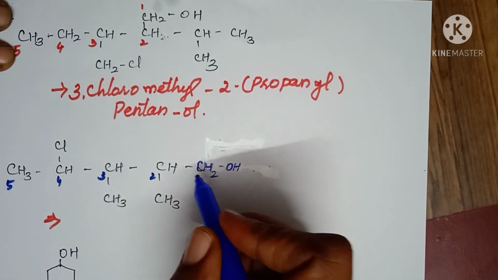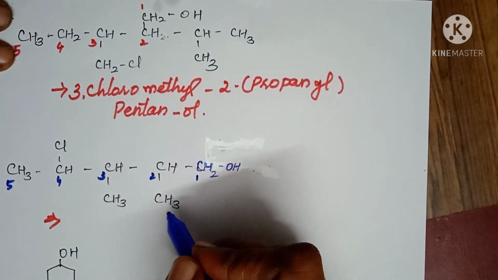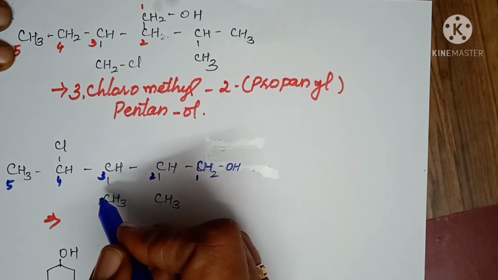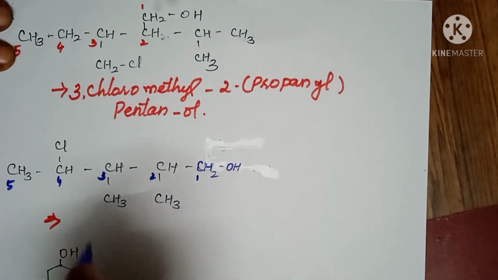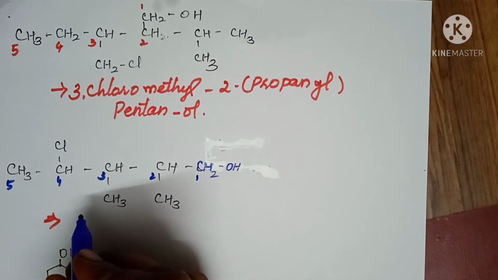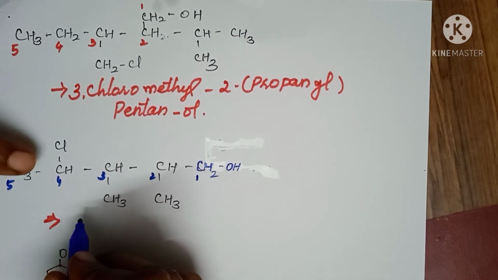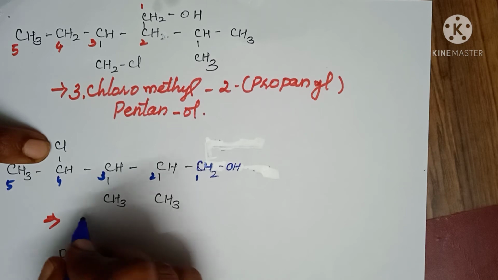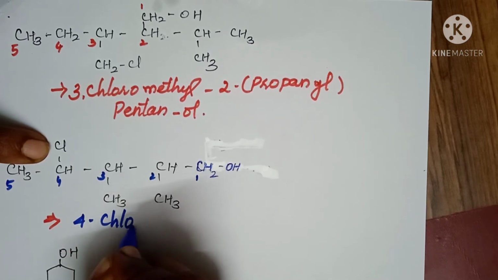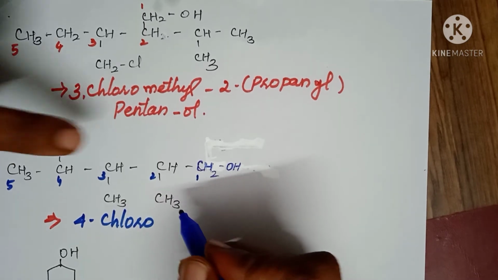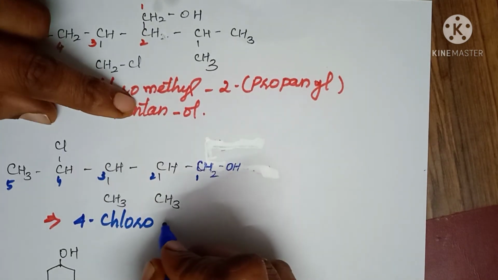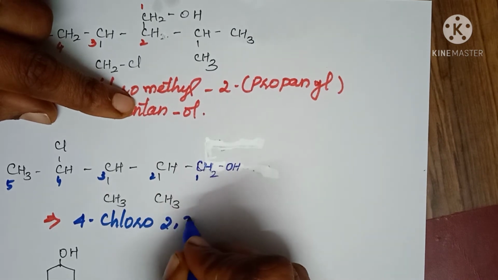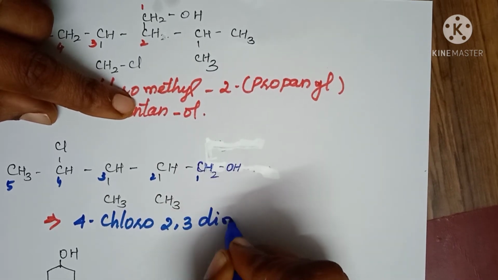Okay, in that second carbon a methyl group is there. Third carbon also a methyl group. Fourth carbon chloro. So according to the alphabetical order, you have to give priority to chloro. So which carbon is the chloro group attached to? Fourth carbon. So 4-chloro. Then 2 and 3, what is it? 2,3-dimethyl.